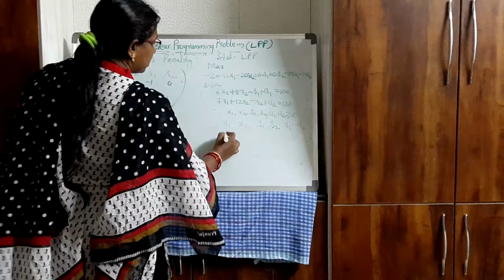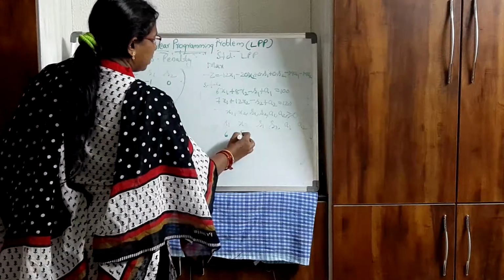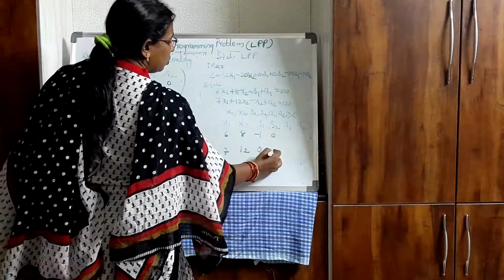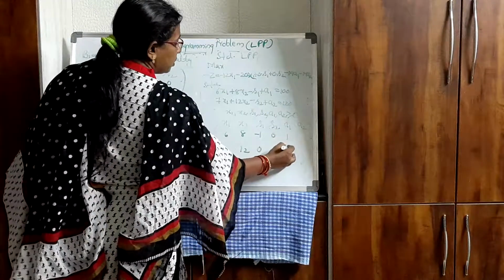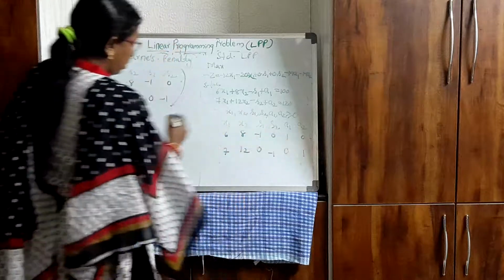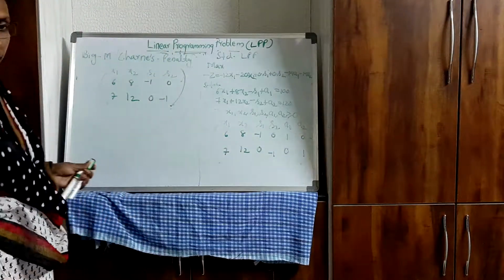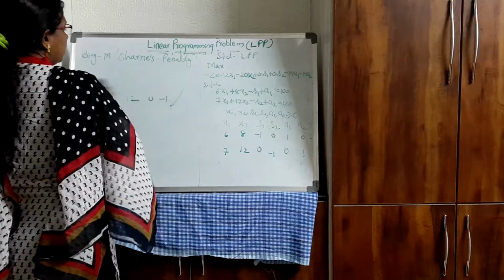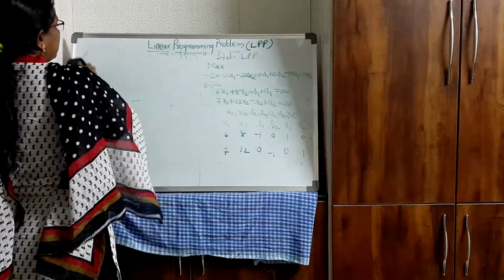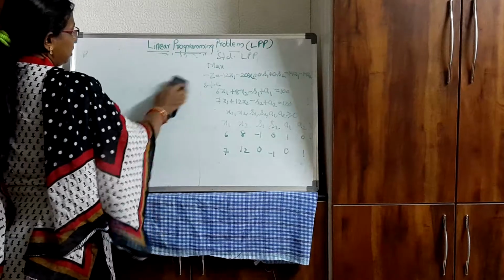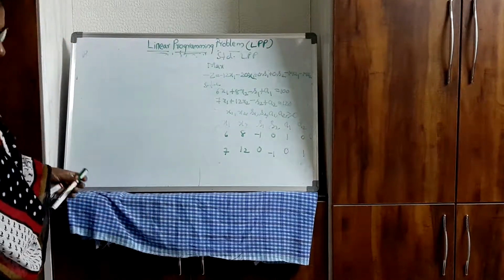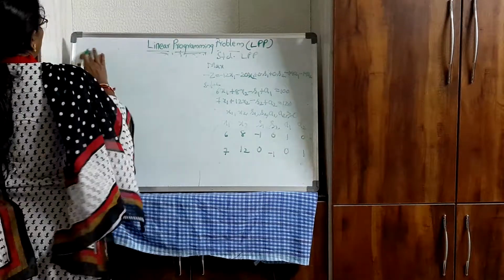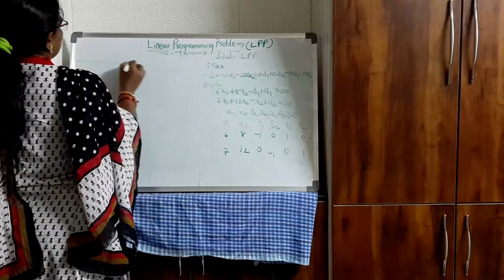So this is 6, 7, 8, 12, minus 1, 0, 0, minus 1, and for a1, a2: 1, 0, 0, 1. Now you got the identity matrix. Now you can draw the first simplex table and solve it. Same procedure you will have as the simplex method. Only the difference is variables will be more here. So draw the first simplex table.